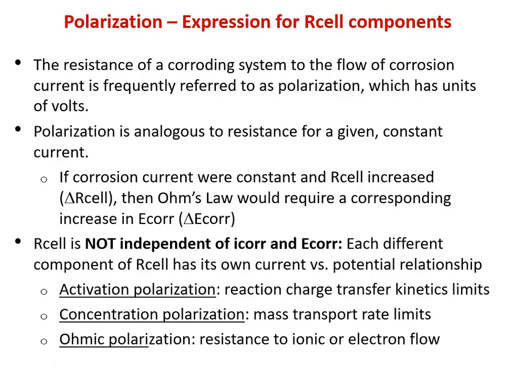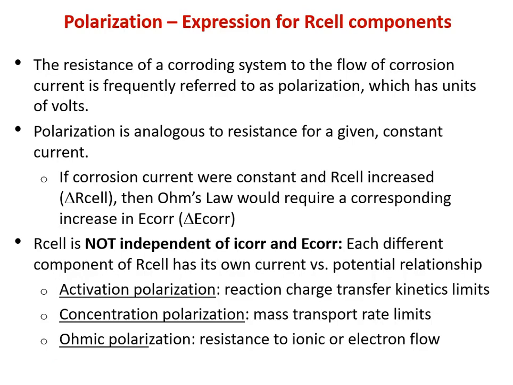So we can look at a term that we call polarization. And that's just basically describing resistance of the cell, or of any component of the cell, in terms of just the voltage. So this involves looking at it as if we were passing a constant current and using Ohm's law to describe the relationship between potential and current under those conditions.